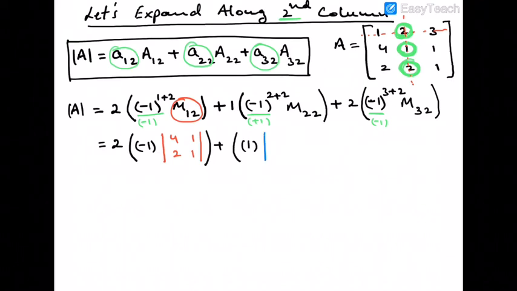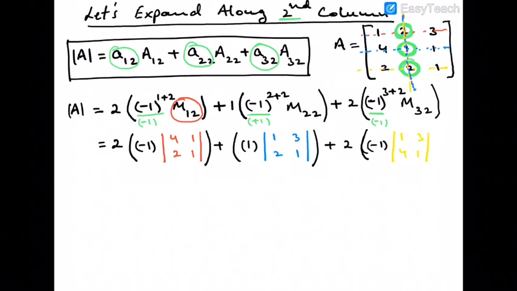Similarly, for M22, eliminate the second row and second column, and the remaining 4 elements are 1 3 2 1. Now similarly for M32, eliminate the third row and second column, and the remaining 4 elements are 1 3 4 1.